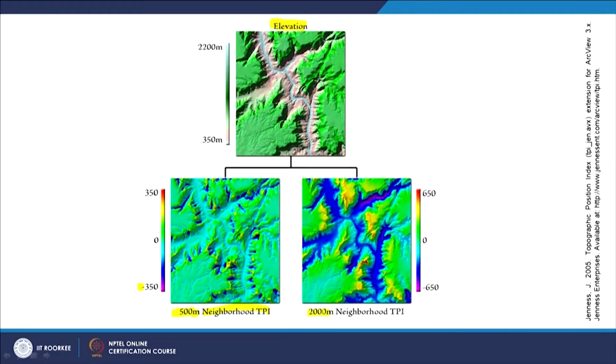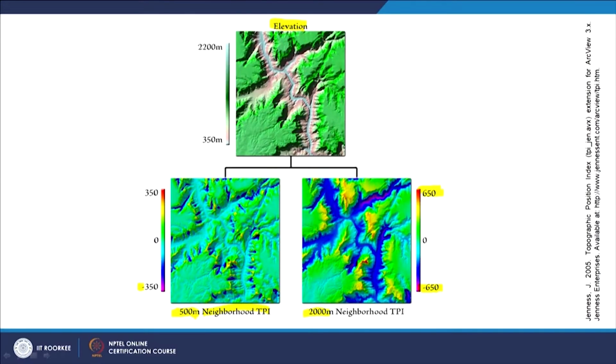But when the spatial resolution is 2000 meter, then I am seeing many hilltop areas very easily, and large valley bottoms are also there, and TPI values are also very large. What we conclude here is that the coarser the spatial resolution, the higher the TPI value can be, or the larger the variation between minus and plus values can be, like here minus 650 to plus 650.